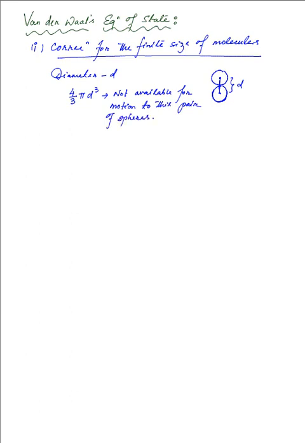Now you can consider a pair of spheres here. Obviously they are molecules. Now you can consider the surrounding as well. We can consider the side molecules, which will obviously be maintaining the same distance from these given spheres or molecules, and as a result, this entire sphere of volume 4/3 π d³ won't be available.